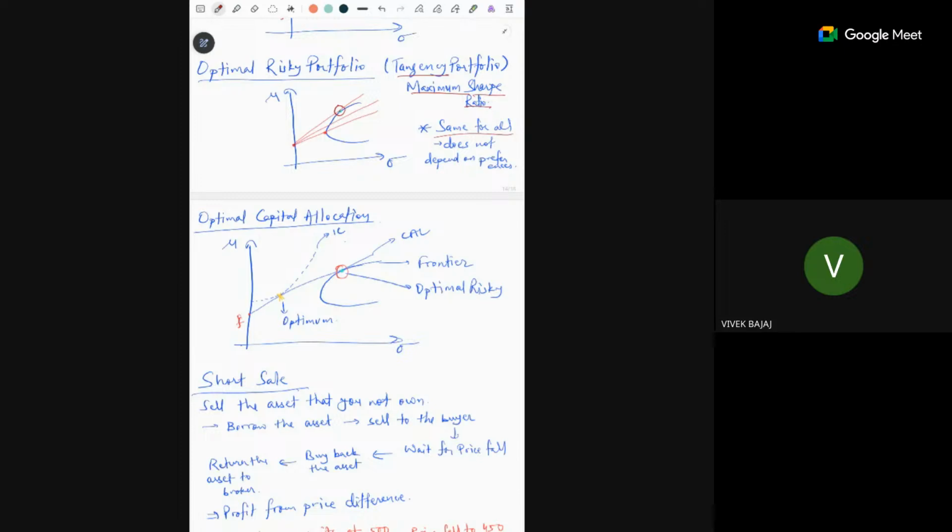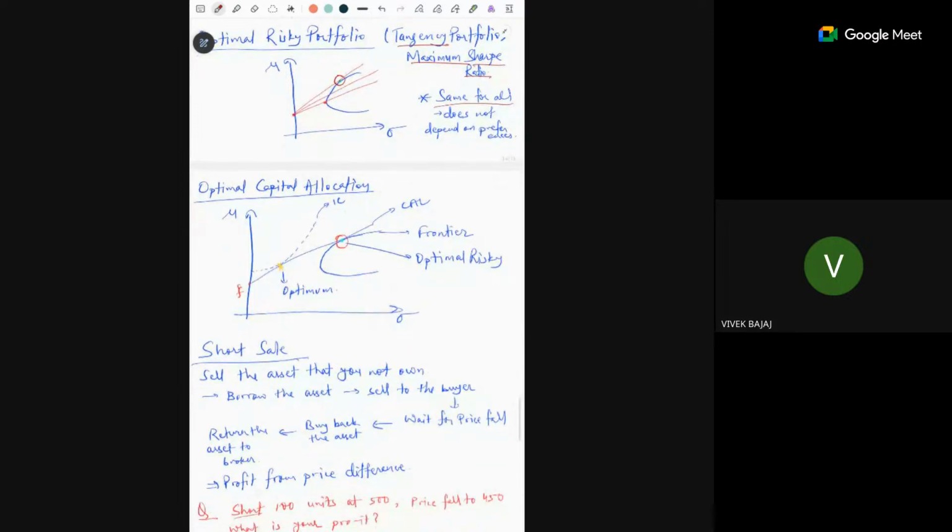Now, once you have found this optimal risky portfolio, the optimal combination of risky assets, that is represented by this green dot. And you have this capital allocation line that is just tangent to this efficient frontier. Now here come the differences into the picture. This capital allocation line is, as I said, the same as the budget constraint.